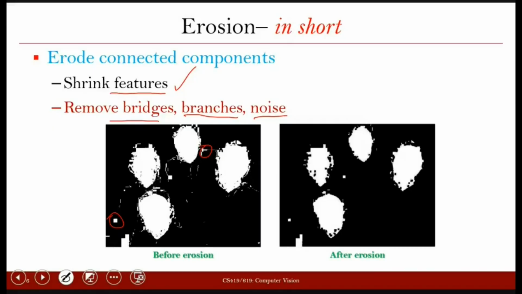So because of erosion, in a few rounds of erosion these small fragments will disappear, and only the objects which are bigger in size will survive.